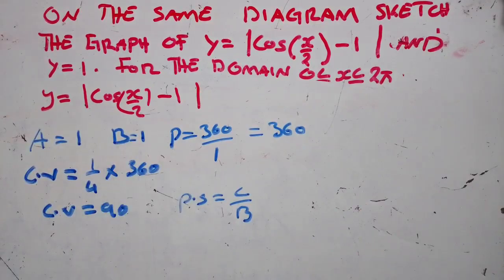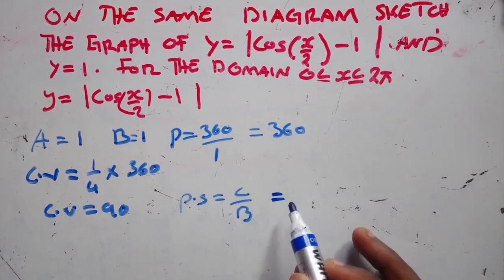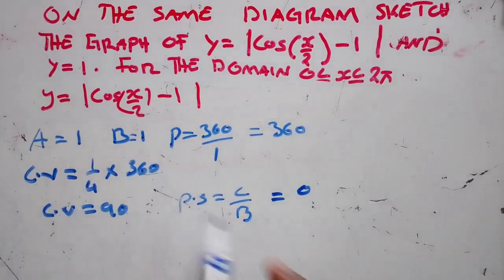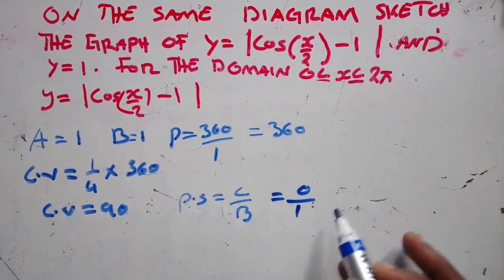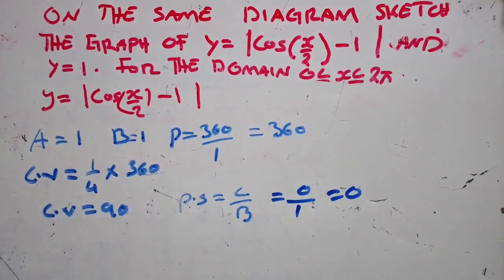Since here there's no angle, our angle is 0. So we have our phase shift as 0 over B, and we found the frequency B to be 1. Hence our phase shift will be 0. Having found this, you now draw what we call the trig table.